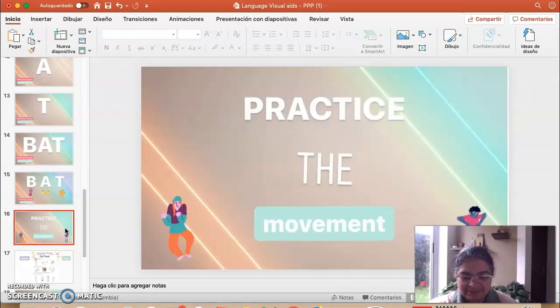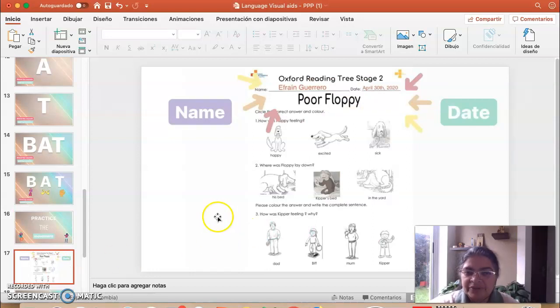Now that you have already read the book, we are going to answer the worksheet. And what are we going to do first? Remember that in our worksheet, we have to write our name, but the full name, not just Efraín or Filomena.